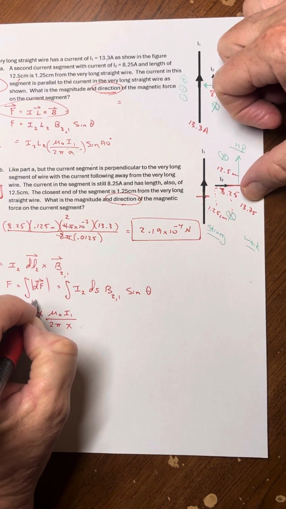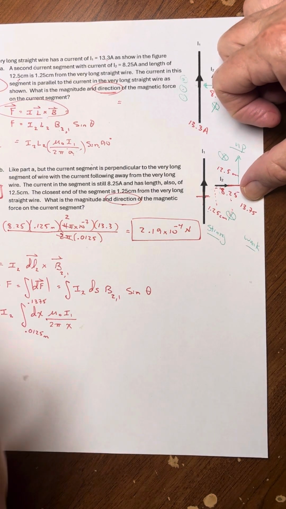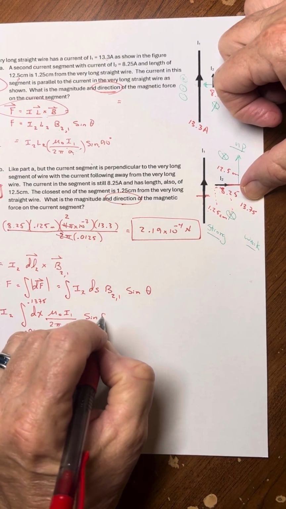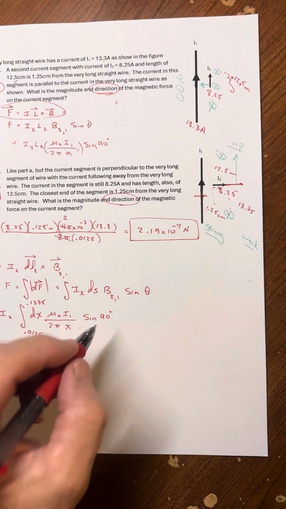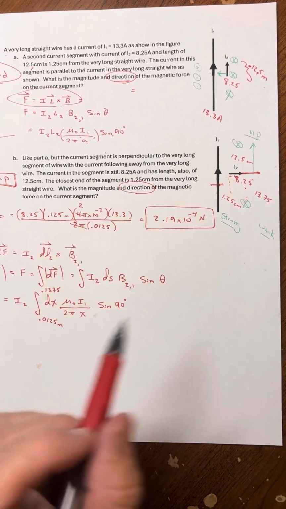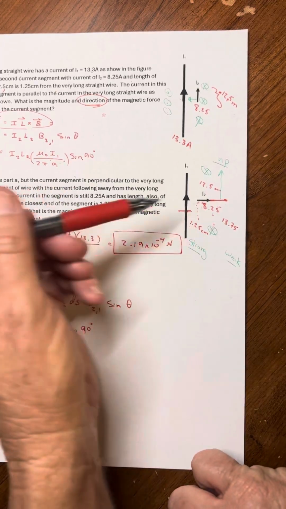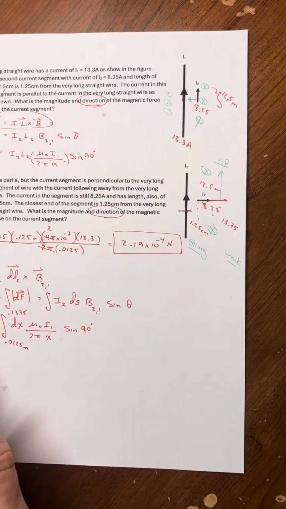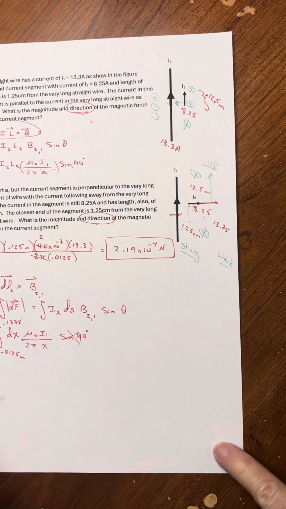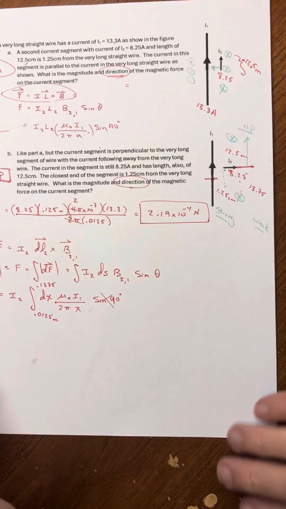0.1375. Okay. And the last little piece of my integration is fortunately something that does not change and is pretty easy because it's sine of 90, which is 1. And so again, the current is always going to the right and the field is always going into the screen. So that is just a 1, so I'll just cross it out.